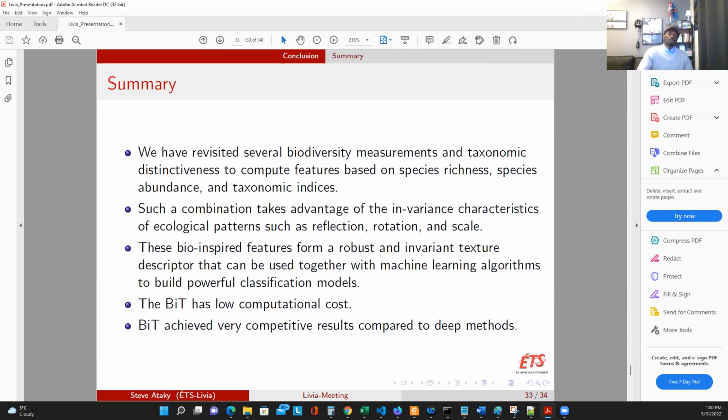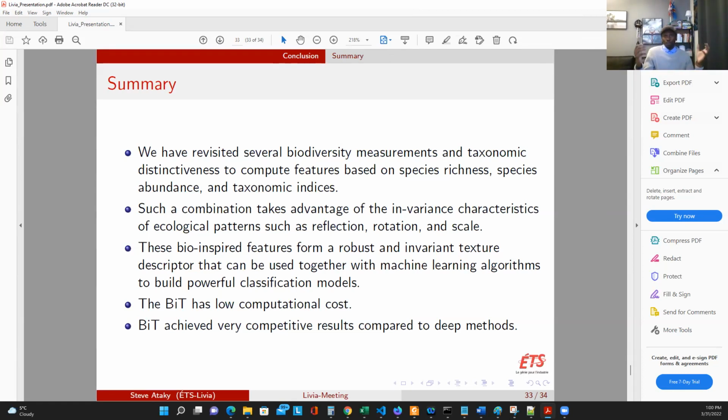So for summarizing, we have revisited several biodiversity measures and taxonomic indices to form a feature descriptor based on the richness of species, the abundance of species, the evenness of species, and taxonomic indices.